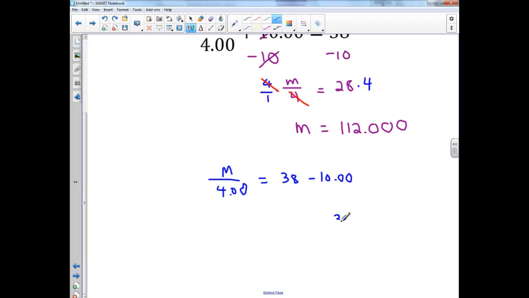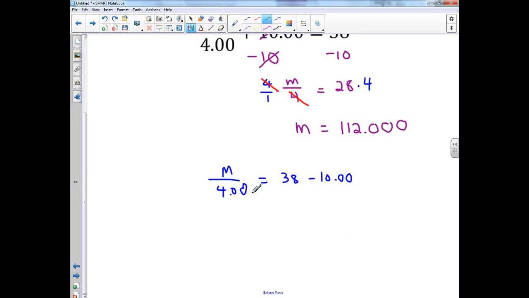If I do 38 minus 10.00, my subtraction rule says line these up, figure out which one is rounded to the biggest place. 38 is rounded to the bigger place. This is rounded to the ones place, the units place. That right there, 10.00, is rounded to the hundredths place. So I need to round the answer, whatever this is, to the ones place. So let me calculate and round.